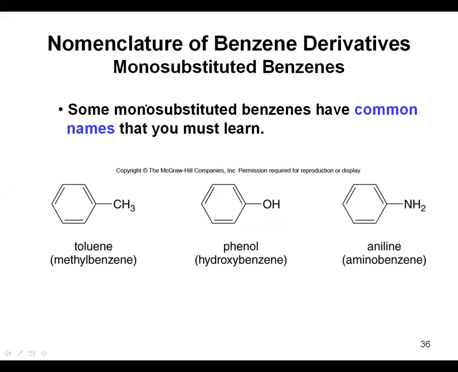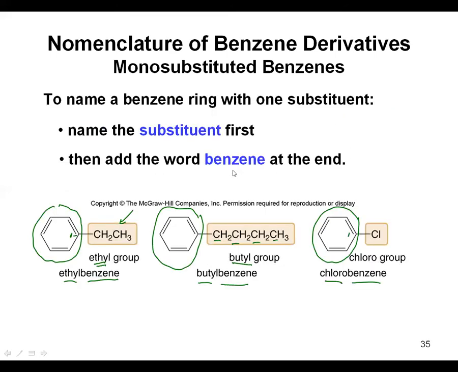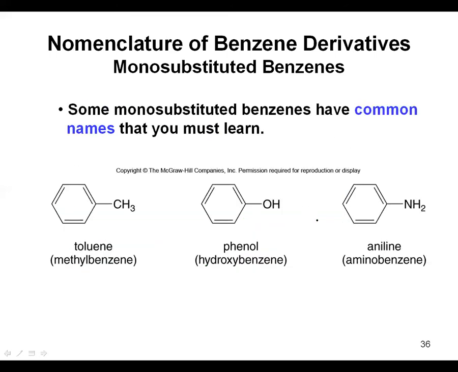Now, some of these guys have sort of historical names. And even though they are benzene attached to it, they still go by these historical names. And these are 3 here that you should be aware of. Again, each of these have a benzene group attached to it and another group attached.